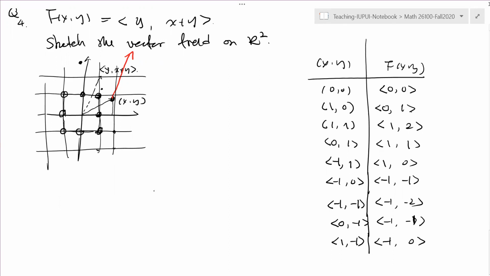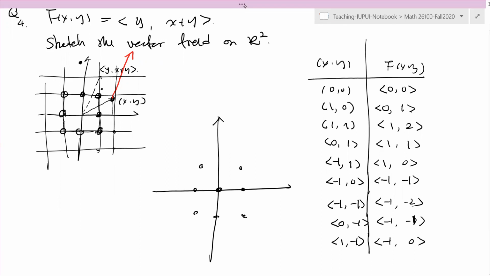Now we are ready to draw at least the vector field at those 9 points. At the origin, it's 0, right? Okay. So imagine I'm going to use the red color here. At 1 and 0, it's going to be 0 and 1.